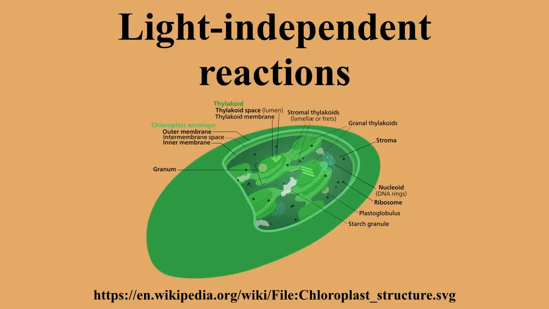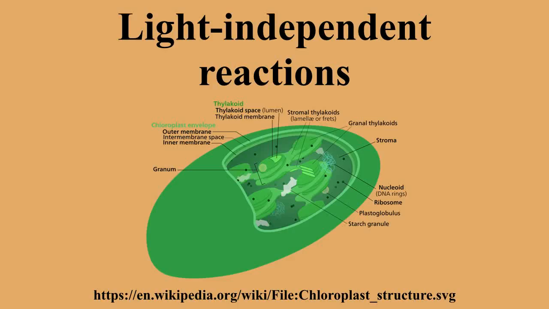The enzyme phosphoglycerate kinase catalyzes the phosphorylation of 3-PGA by ATP. 1,3-bisphosphoglycerate and ADP are the products. However, note that 2 3-PGAs are produced for every CO2 that enters the cycle, so this step utilizes 2 ATP per CO2 fixed.